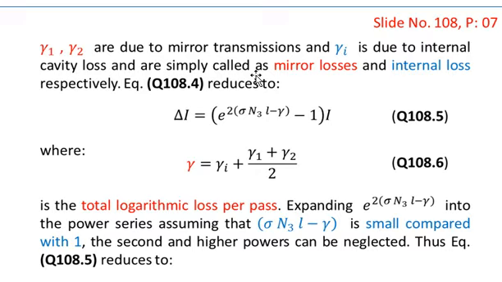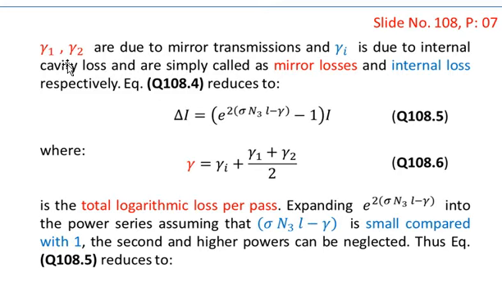They are simply called mirror losses and internal loss respectively. So gamma 1 and gamma 2 may be labeled as mirror losses, and gamma I may be regarded as the internal cavity loss.